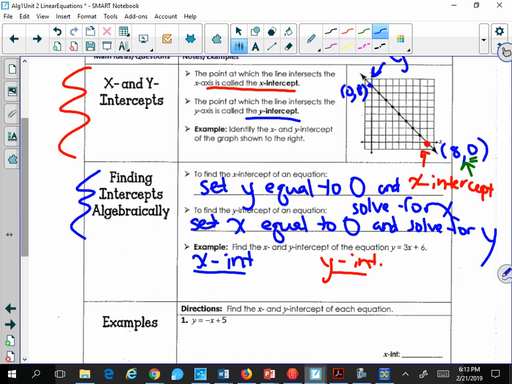Now, in order to find my x-intercept, I'm going to set y equal to 0. So my y here is what I start with. 0 equals 3x plus 6. And now I'm just going to solve for x. So I'm going to subtract 6 from both sides.